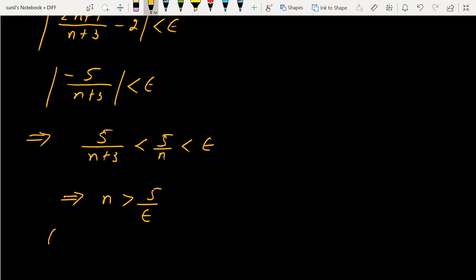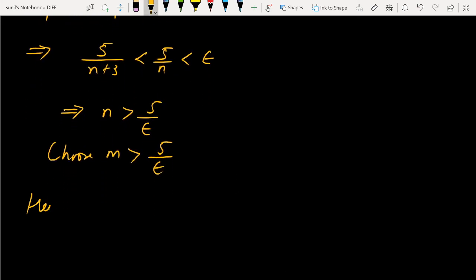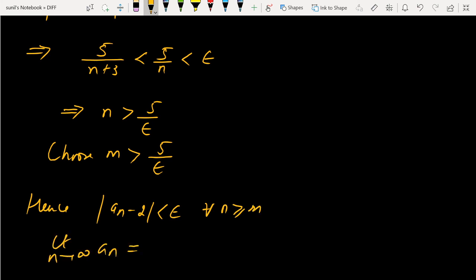So choose m greater than 5 by epsilon. Hence mod a_n minus 2 is less than epsilon for all n greater than or equal to m. So the limit as n tends to infinity of a_n is equal to 2.